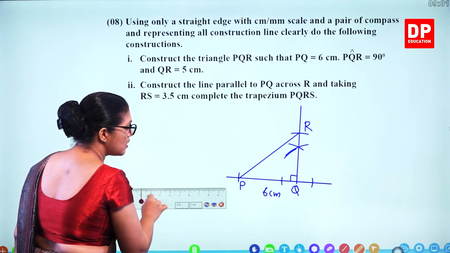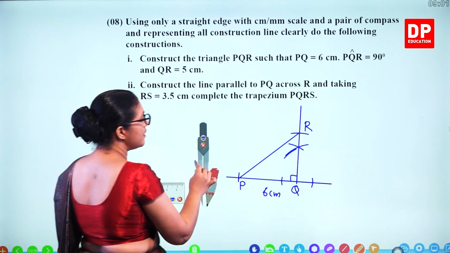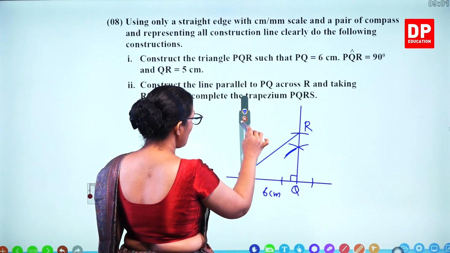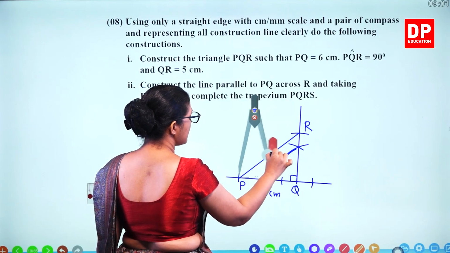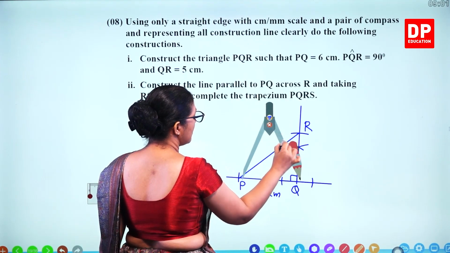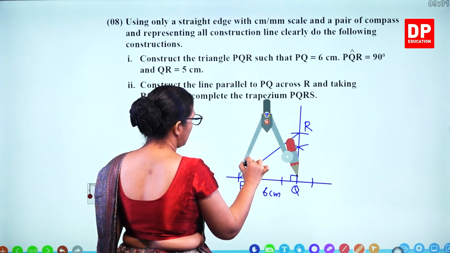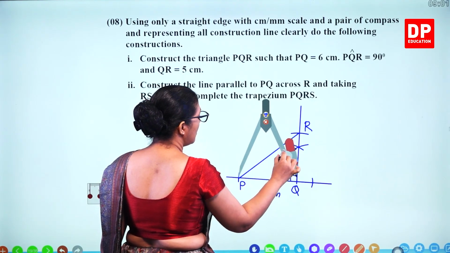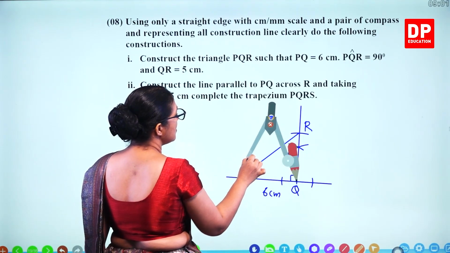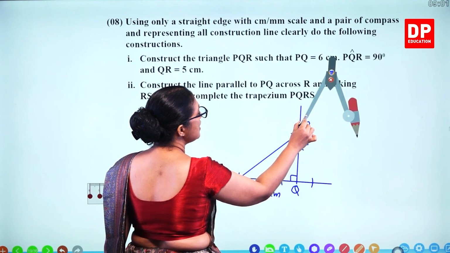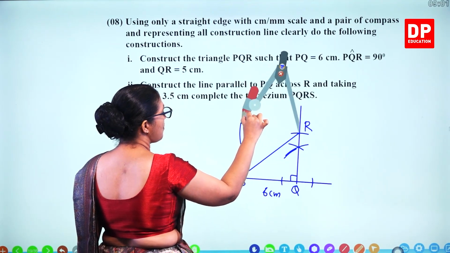So we'll use the parallelogram method to construct a parallel line. So we'll take this distance from here, that's 6. That's 6 centimeters. So we'll keep it here and draw the arc here.